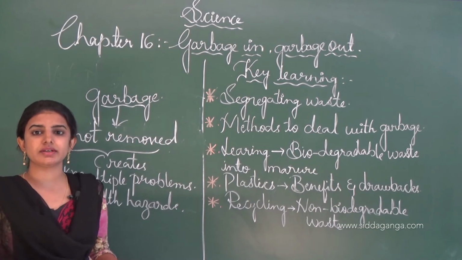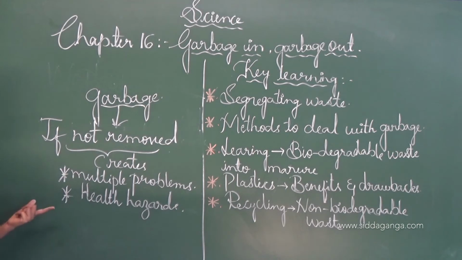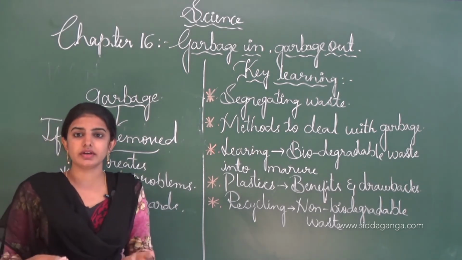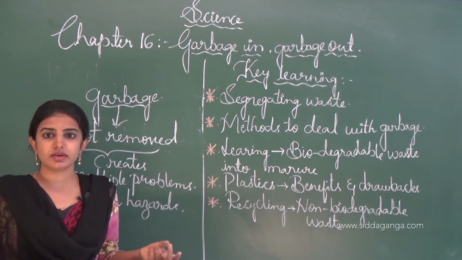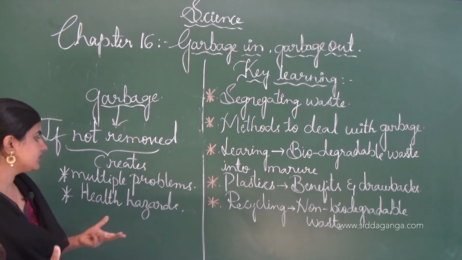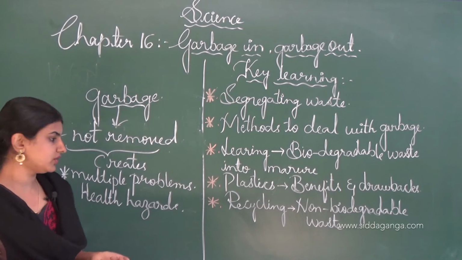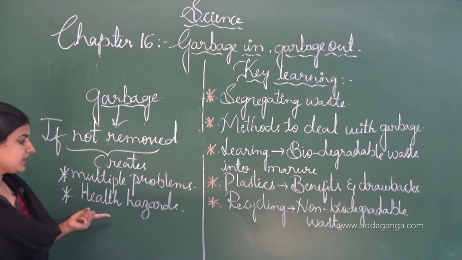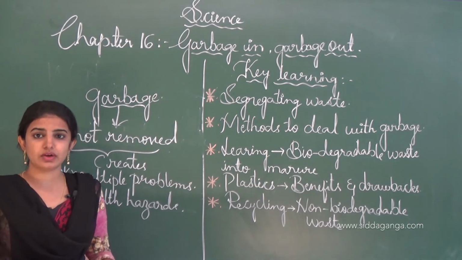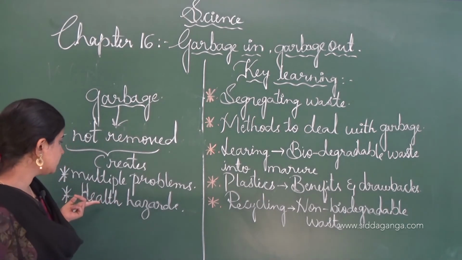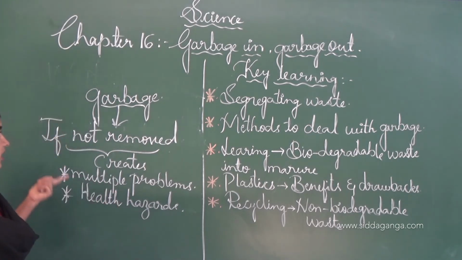Living organisms like bacteria will attack such garbage, and it will create disorder in the body of living organisms like human beings, birds, and animals. In severe cases it may create a health hazard for us, and sometimes animals will lose their lives because of such problems created in the environment. And this is all about the garbage.